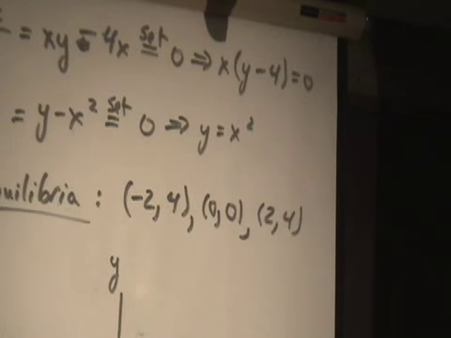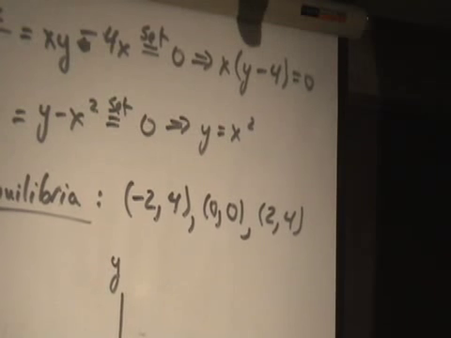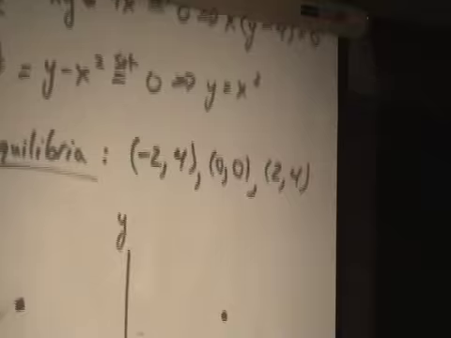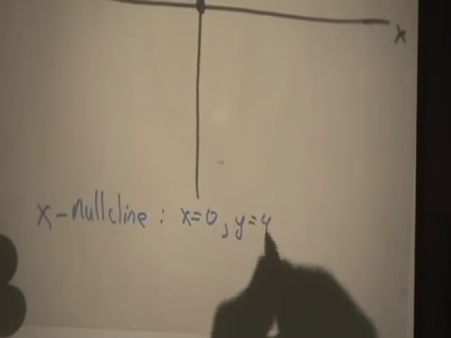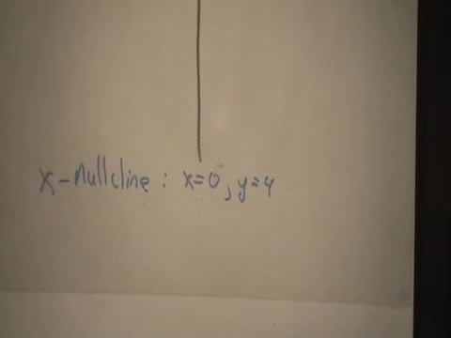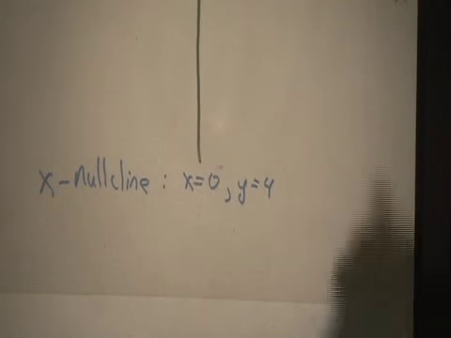The vertical line at x equals 0, which is the y-axis, and the horizontal line at y equals 4. So down here I'll label it this way: x equals 0 and y equals 4. Those two lines together form my x nullcline.